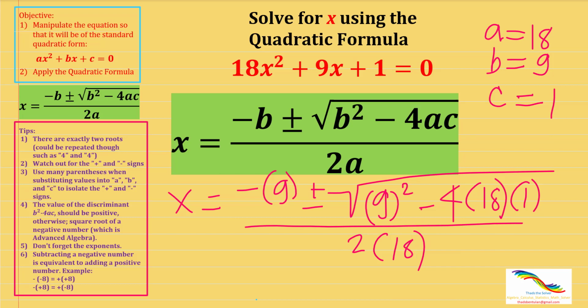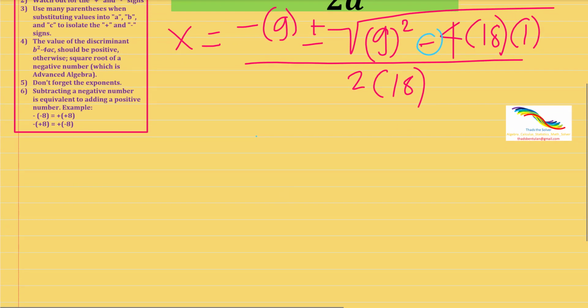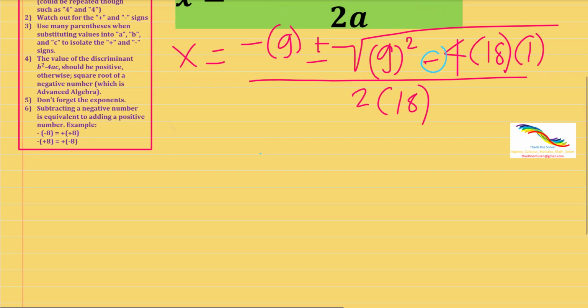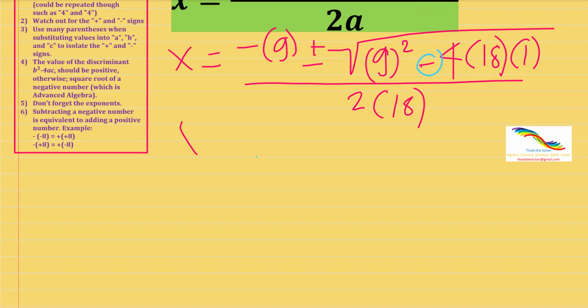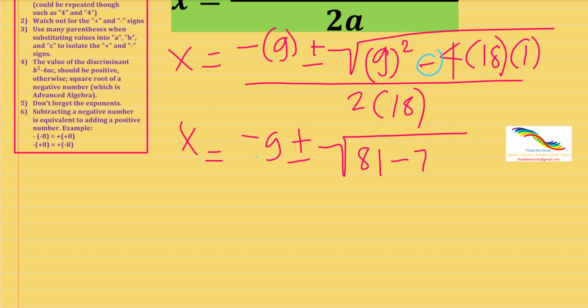Okay, let's proceed. So this is x equals minus 9 plus minus the square root of 9 squared is 81 minus 4 times 18 times 1, minus 72, all over 36.